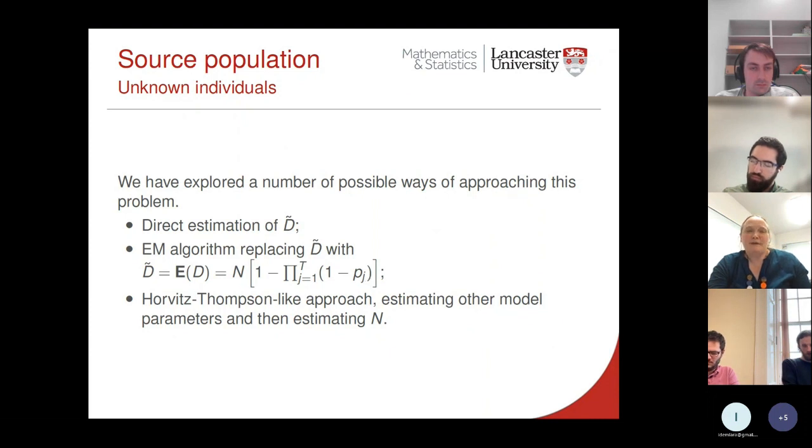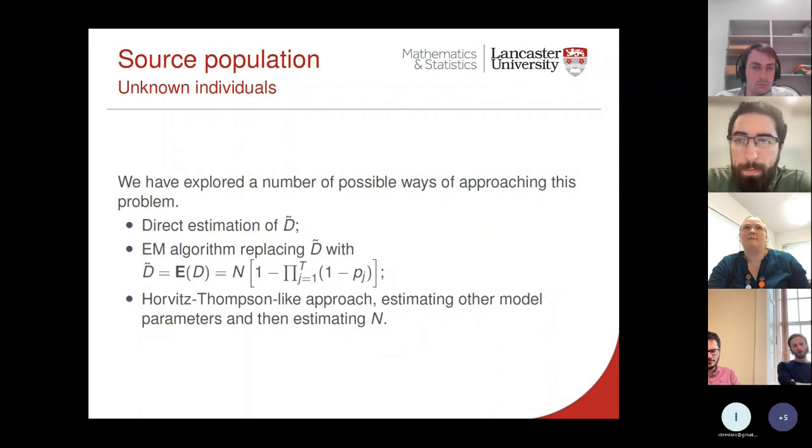And both of those approaches failed, because I think the model that we're trying to fit is actually parameter redundant. So what we ended up finding was that d tilde was always converging to the boundary of the parameter space. So it would always converge to either d or d star.